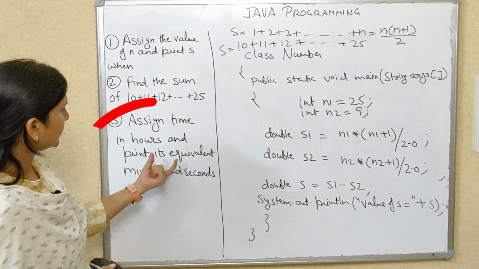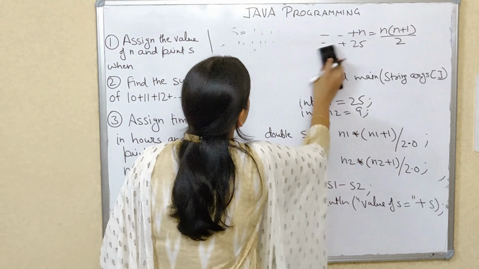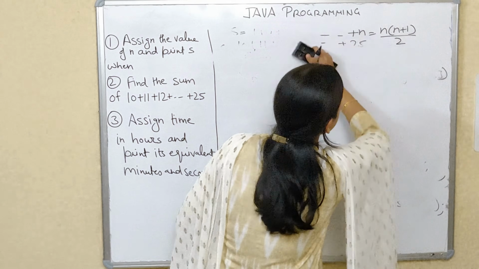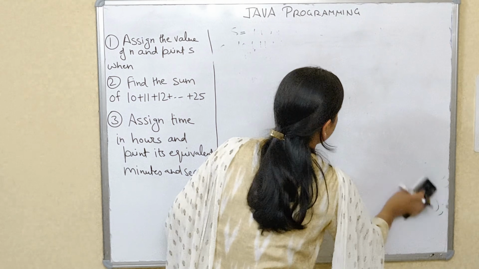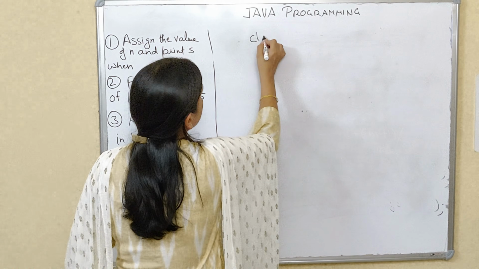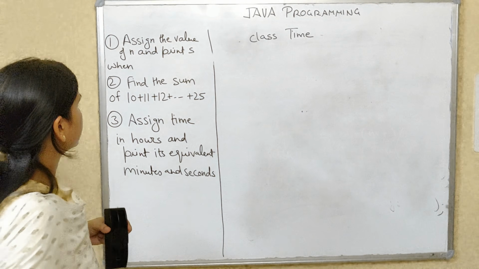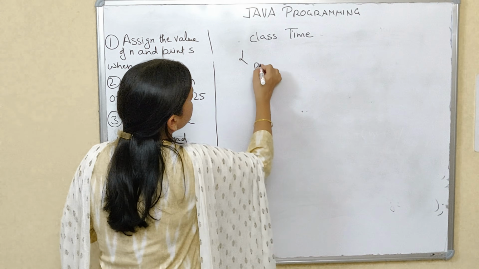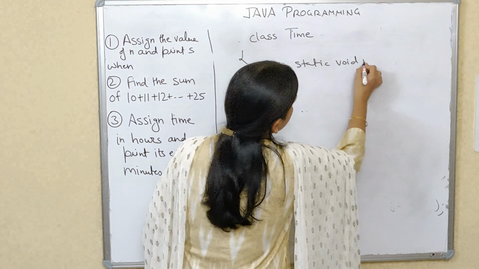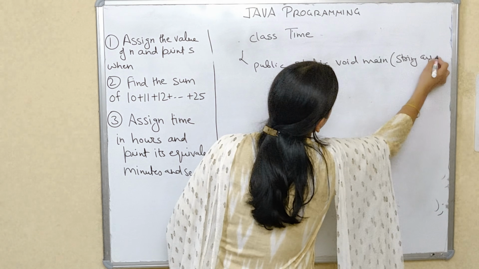Assign time in hours and print its equivalent minutes and seconds. Okay. So for this, we will take class name time: class time, public static void main, String args.